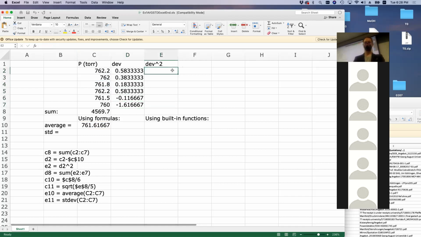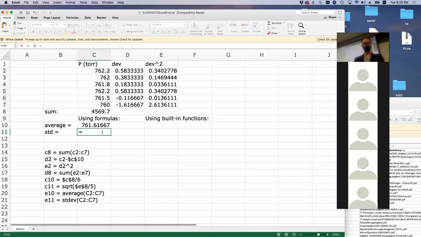We then need to square those in order to calculate the standard deviation. So here I'm just going to take this number and square it. And again, I can use the click and drag trick. And there's all the deviations squared of each measurement. And the standard deviation then is given by the square root. That's just SQRT of the sum of the deviations.